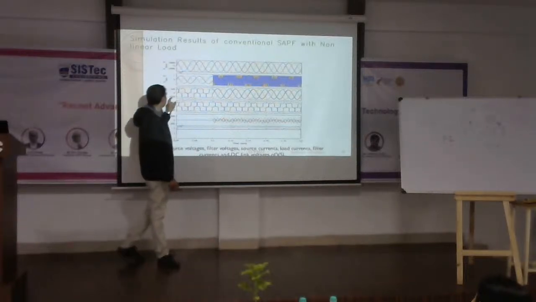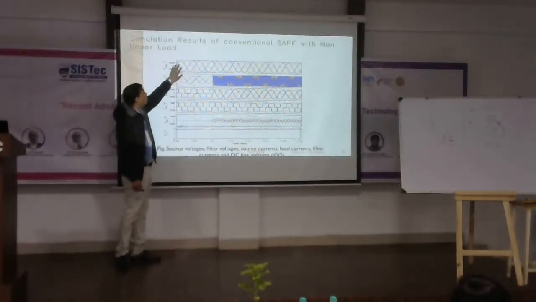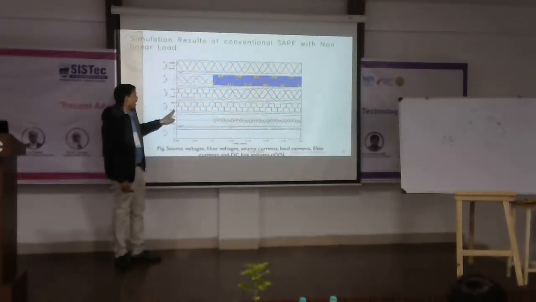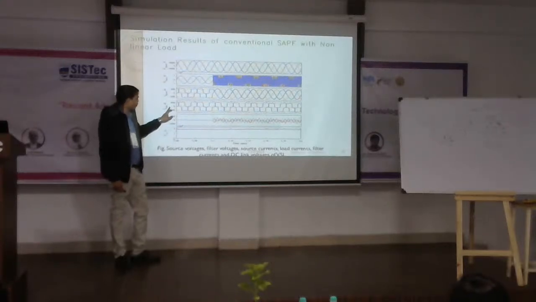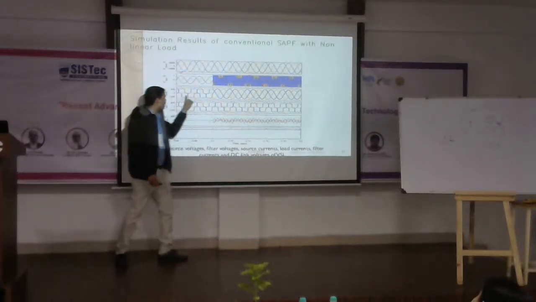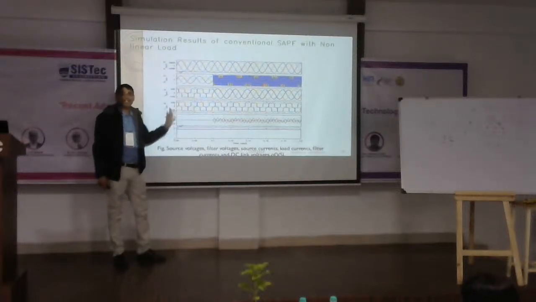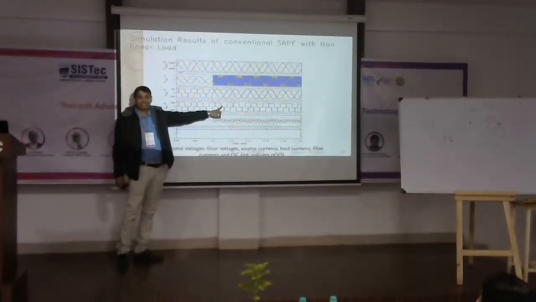So you can see this is a source current. Forget about this. First, this is the source voltage, this is the source current, and this is the load current. You can see the load current is always in a distorted shape, as I told you, because it has harmonics. So your load current will always be like this, isn't it?